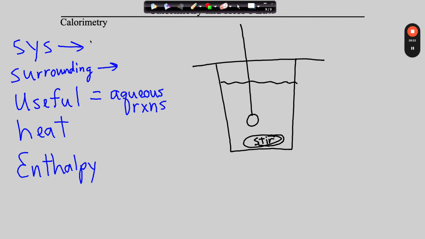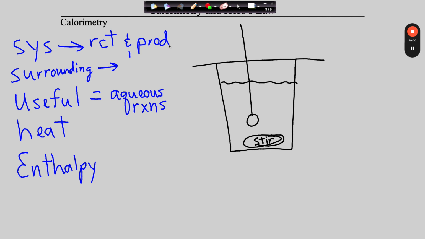Our system are the reactants and the products of the chemistry that we're studying. In lab, your system will be sodium hydroxide and hydrochloric acid, and then the product, sodium acetate and water. And then the second time you do this, it will be acetic acid and sodium hydroxide, and then the sodium acetate and the water. So guys, your system are the reactants and the products, the atoms, the molecules.